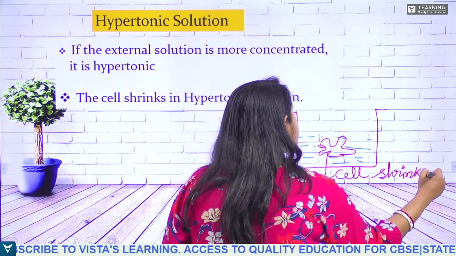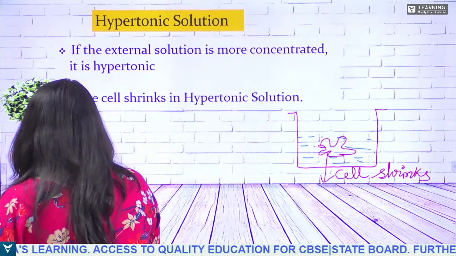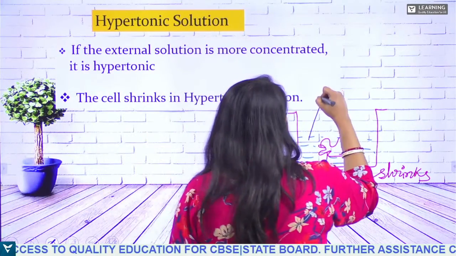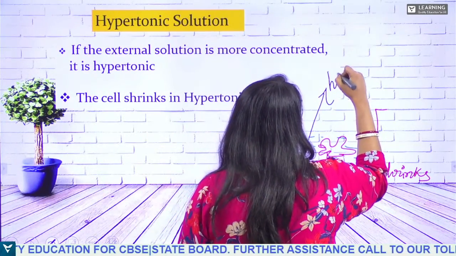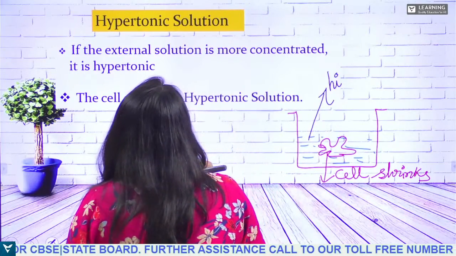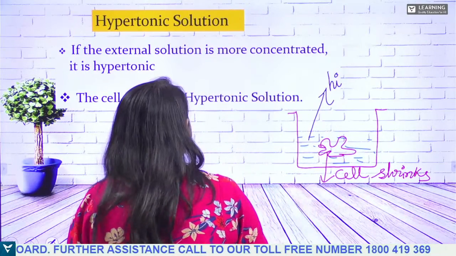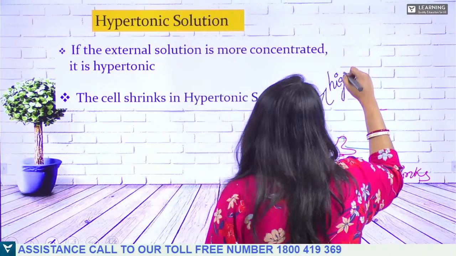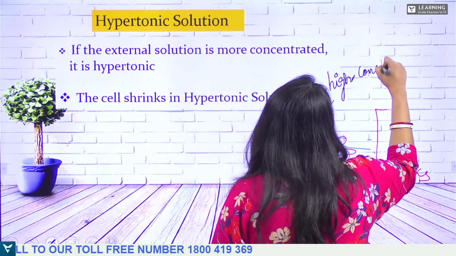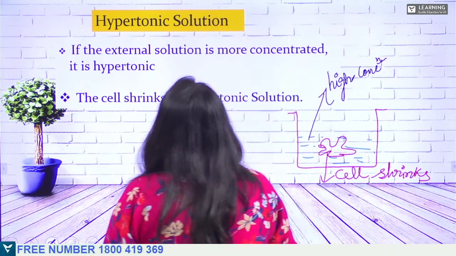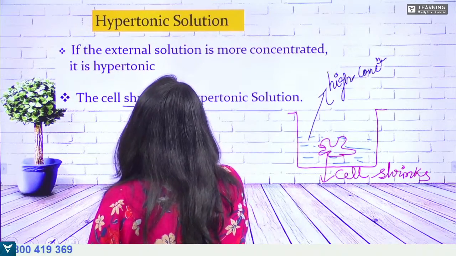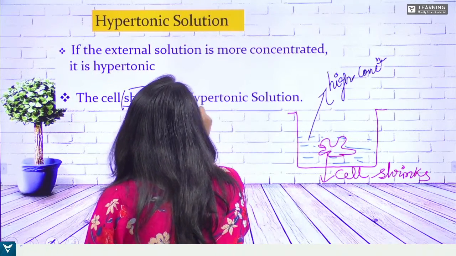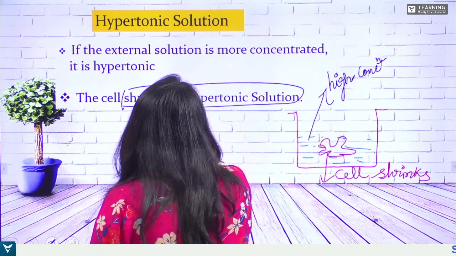Why? Because the external environment where the cell is being kept is of higher concentration, more concentrated, because of which the cell shrinks, and this is called as what? Hypertonic solution.